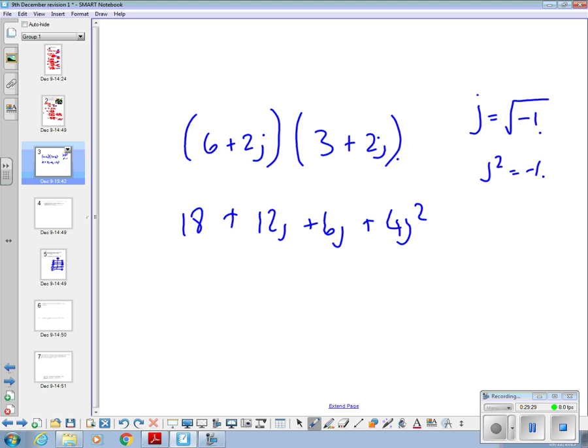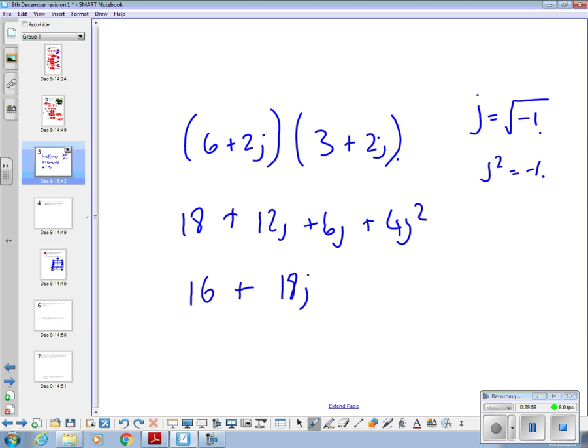So we've got 12j plus 6j, altogether 18j, and this is minus 1 times 4. So 18 minus 4 is 14 plus 18j is the result of that multiplication.